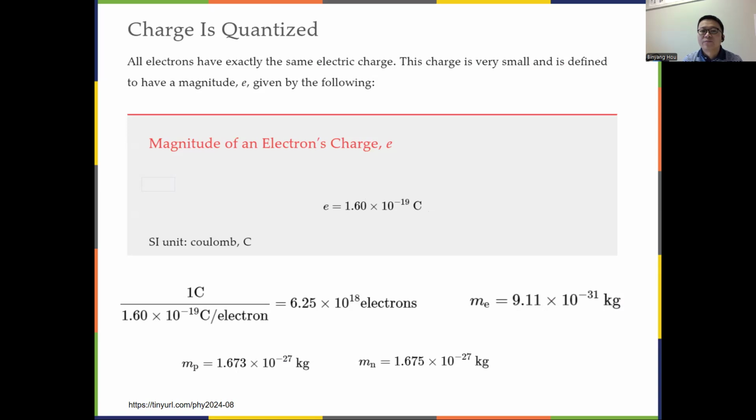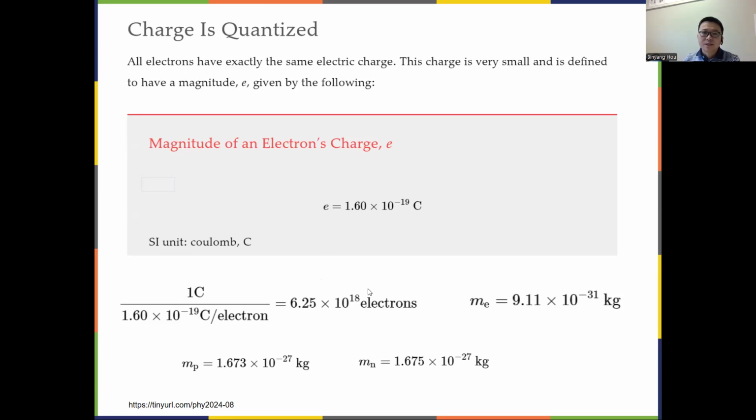Electrons have negative 1.60 times 10 to the negative 19 C. Protons, on the other hand, have positive 1.60 times 10 to the negative 19 C of charge. Okay, so if you have 1 coulomb of charge from the electrons, which means negative in that sense, then there are about 6.25 times 10 to the 18 electrons.